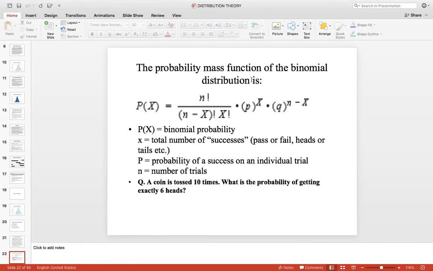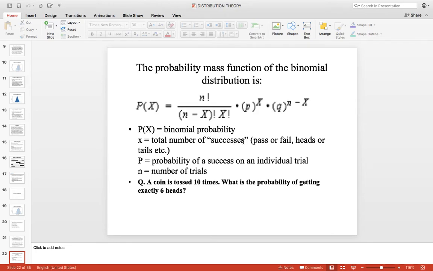As I told you, every distribution is characterized by its probability mass function if it is discrete. So this is the probability mass function: P(x) = n! / ((n − x)! x!) × p^x × q^(n − x). Here P(x) is the binomial probability, and x is the total number of successes.